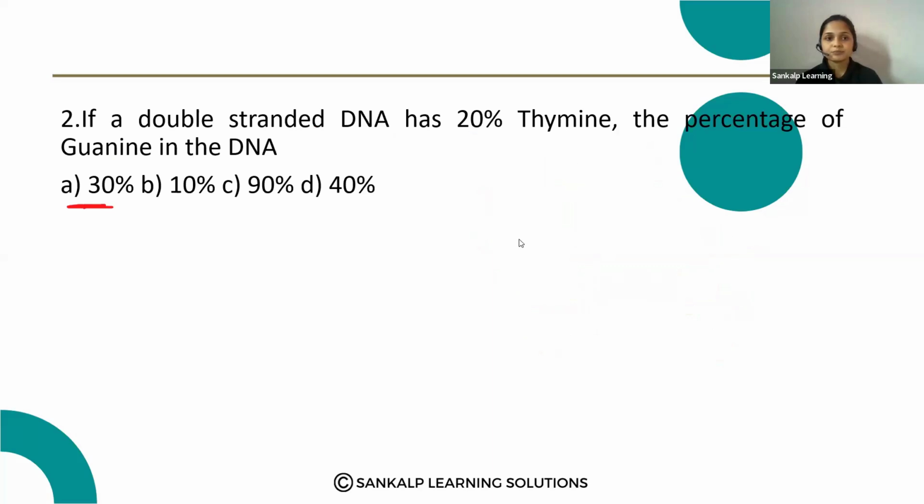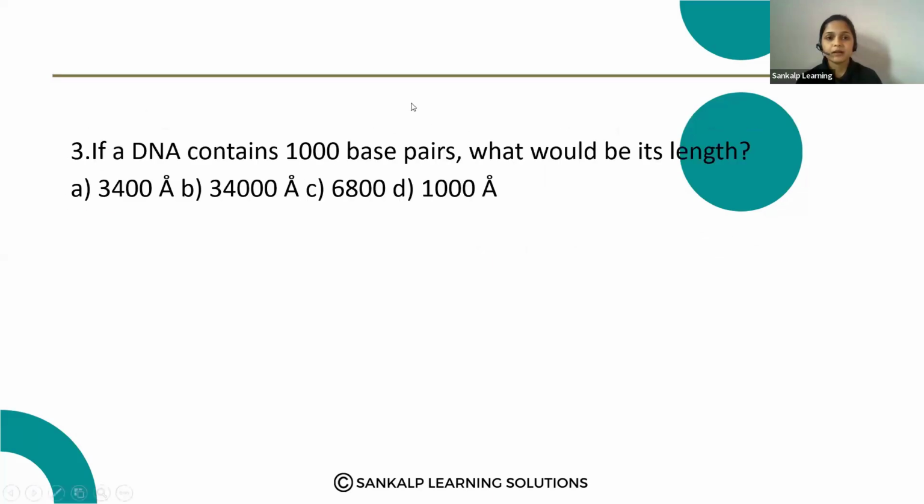Next question. If a DNA contains 1000 base pairs, what would be its length? Read the question properly. Options: 3400 angstrom, 34,000 angstrom, 6800 angstrom, and 1000 angstrom.